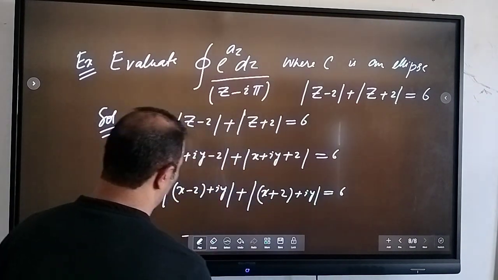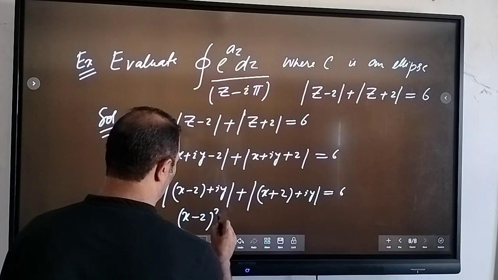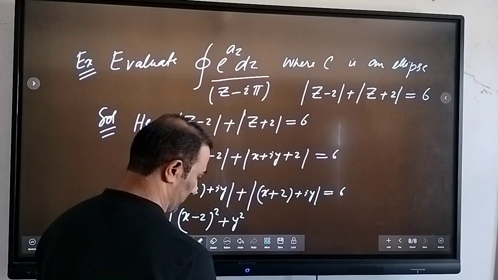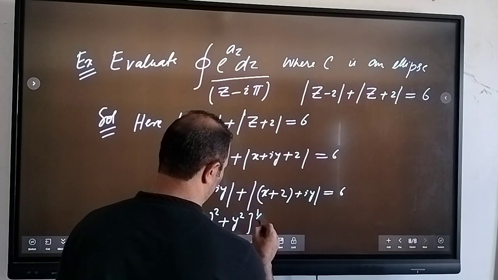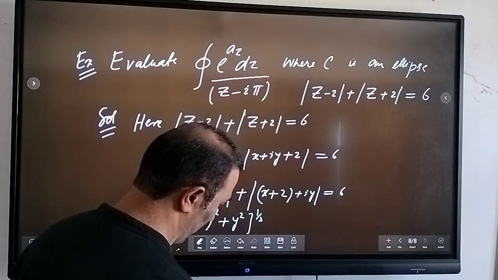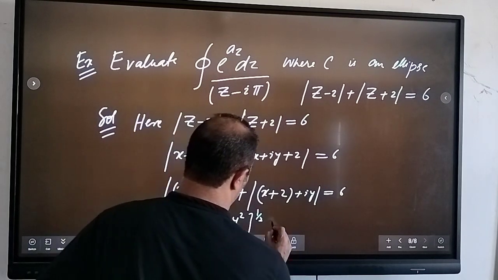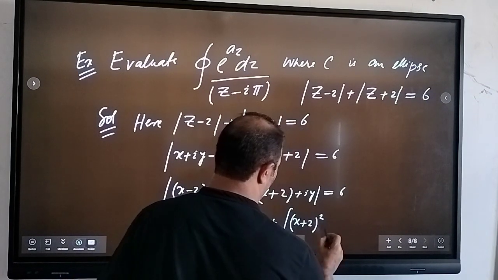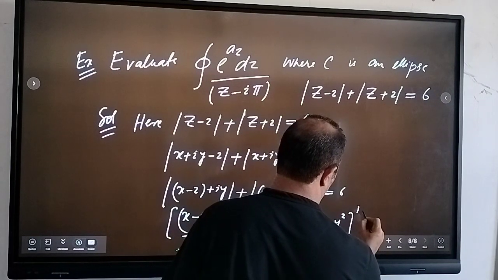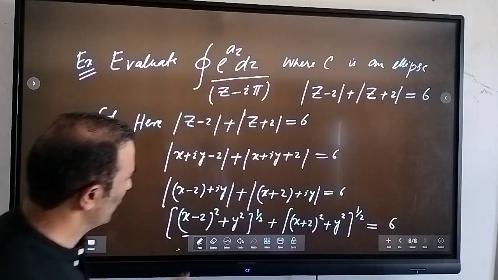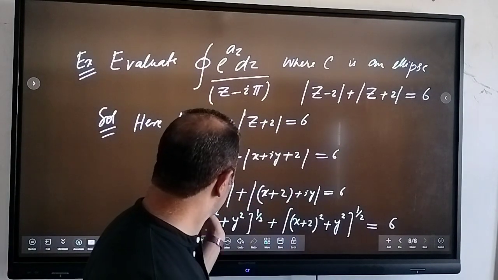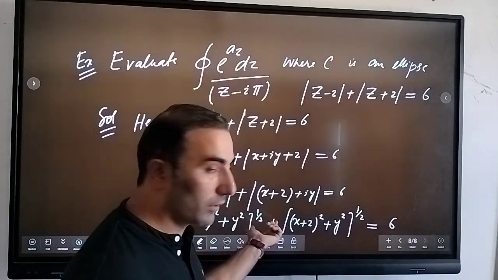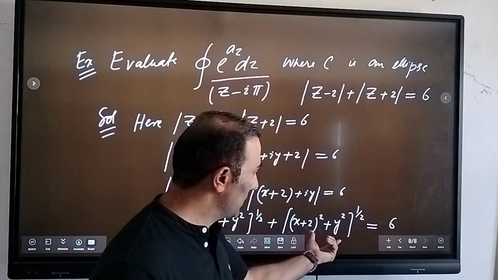So here I simply wrote z equal to x plus iota y, then I combined the real parts, that's (x minus 2) whole square plus y square, raised to the power 1 by 2. That's how we define the modulus. And similarly the second term, that's equal to 6.